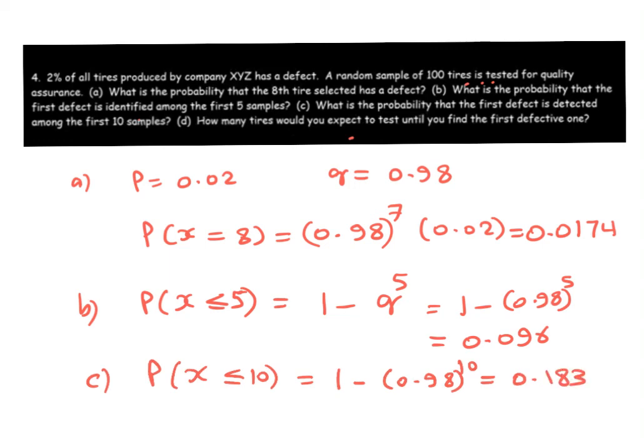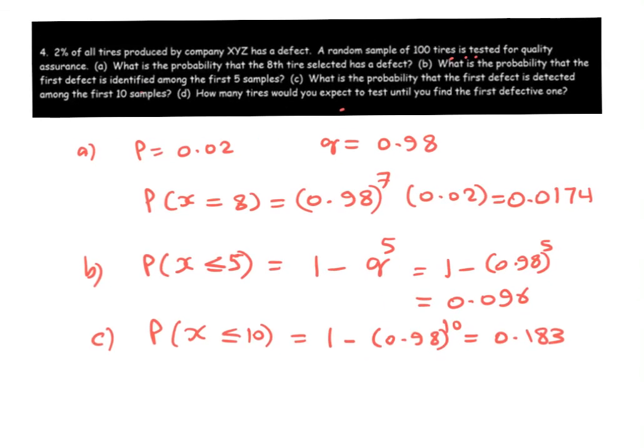Read D. How many tires would you expect to test until you find the first defective one? Expected number means mean. How to find the mean? 1 over P. So 1 divided by 0.02, which is 50.